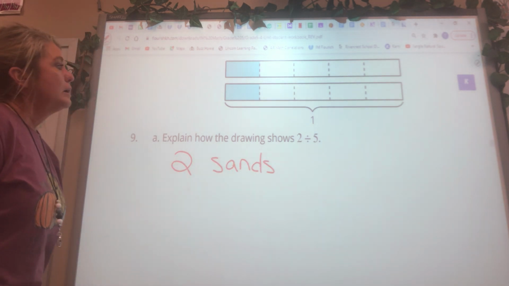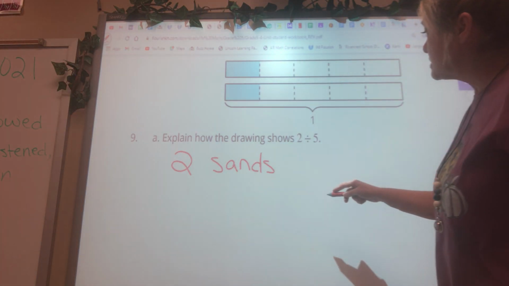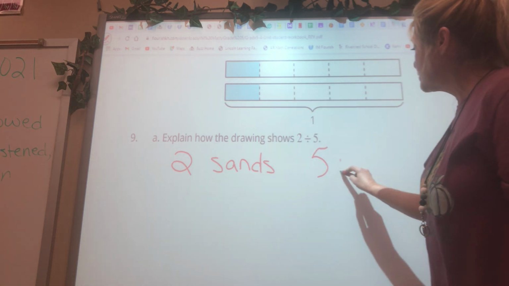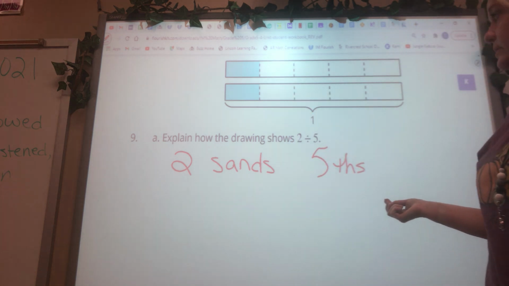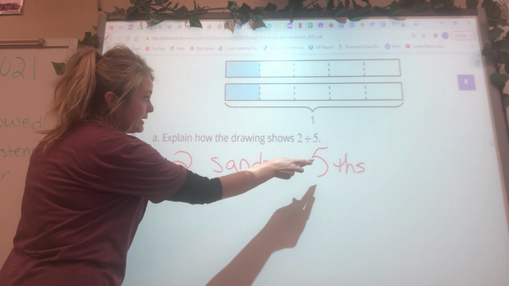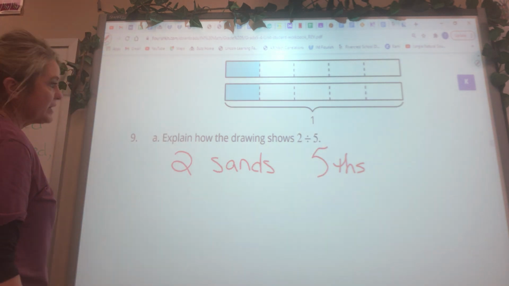And if I look, each of those sandwiches was divided into 1, 2, 3, 4, 5. So it's all divided into fifths. So I have 2 sandwiches divided by 5. So that's how it represents 2 divided by 5.